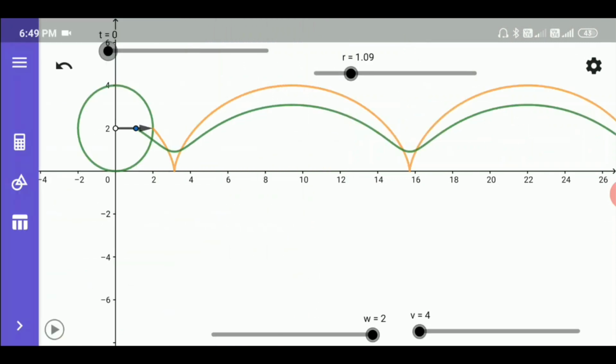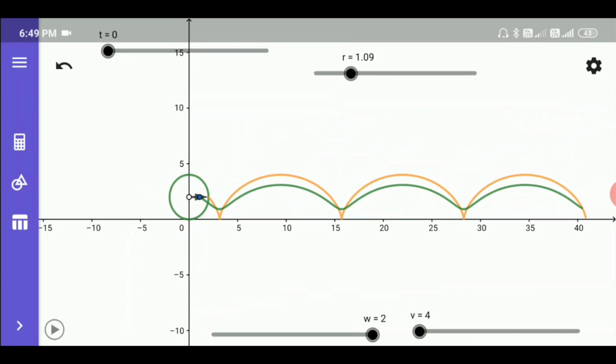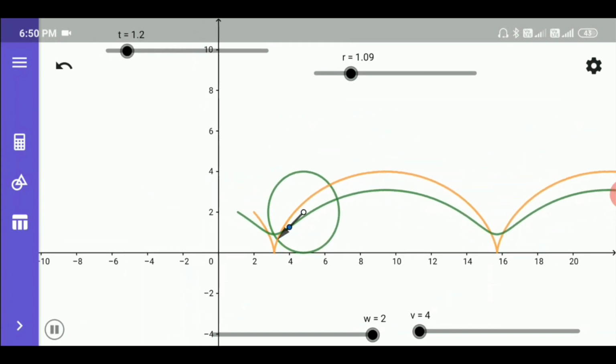It will be great to watch. These two curves are not the same because the points were different. I can play this again and you can see how the point inside the disk follows that trajectory.